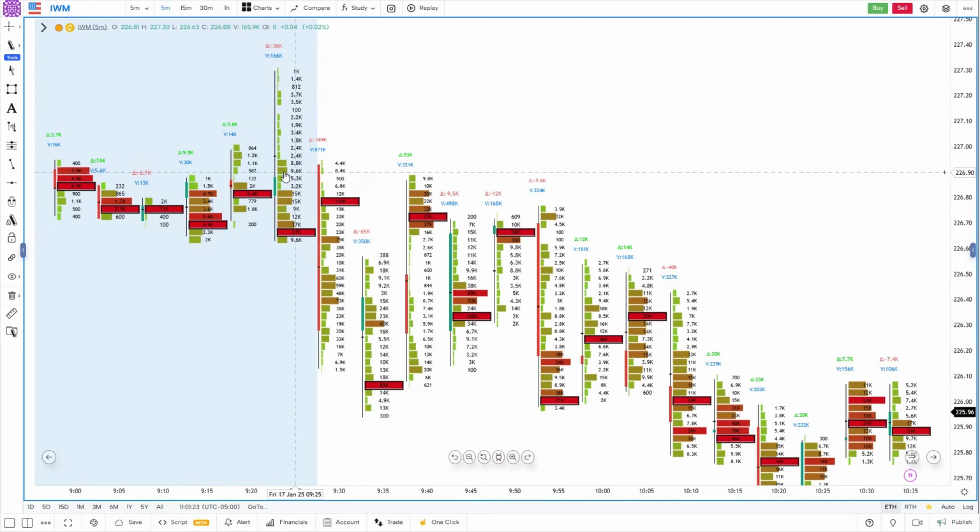That's telling me that in real time, real market participants who are participating in the IWM auction are not agreeing with prices going up here. They don't feel that IWM is worth the price tag of 227.27, 227.30, or so on, right?